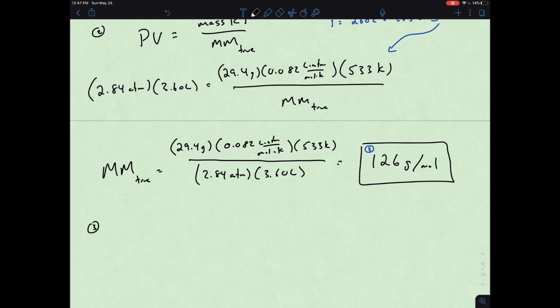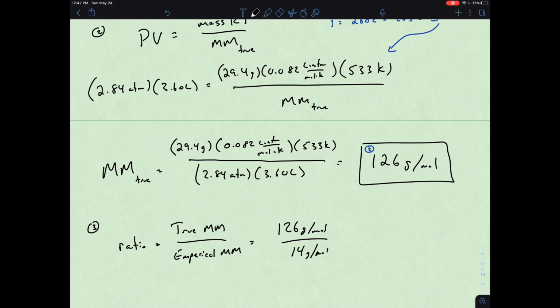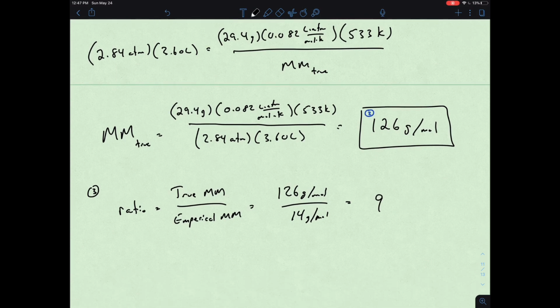So step 3, we're trying to figure out the ratio, which is, remember, the true over the empirical in terms of molar mass, and we have 126 grams per mole divided by 14, which is equal to a 9-to-1 ratio.